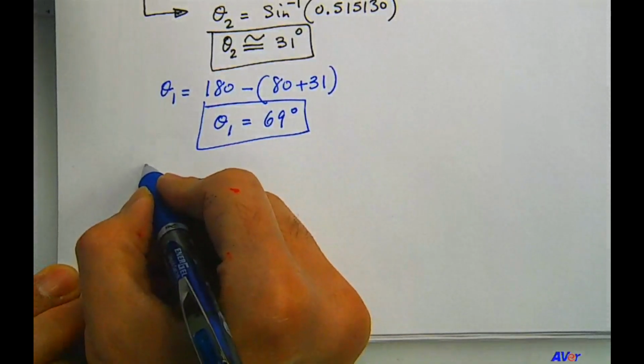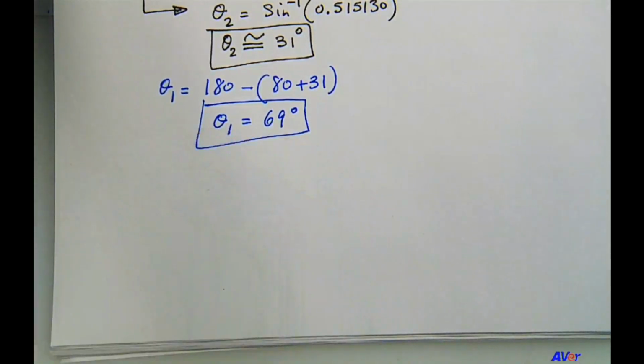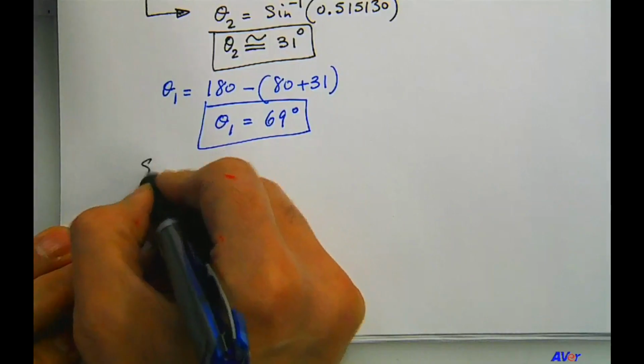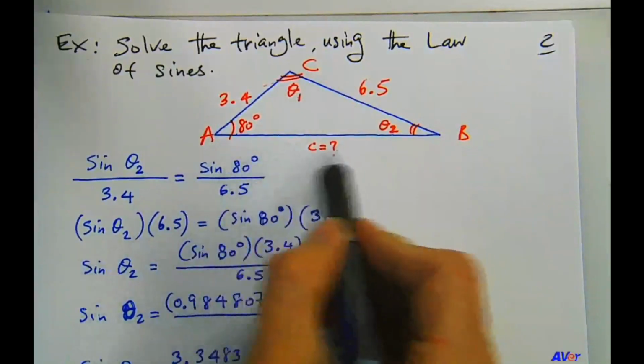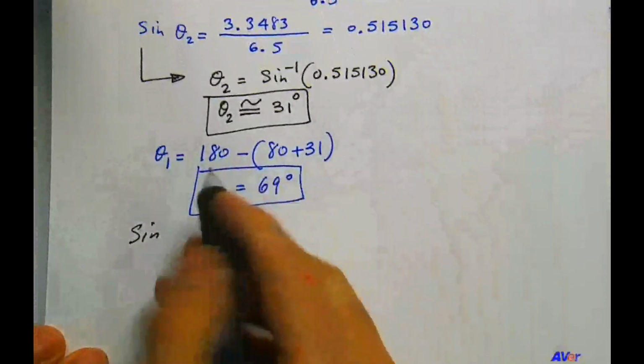So sine of theta 1, which we just got as 69 degrees, over this missing length, C, which is the side opposite to it.